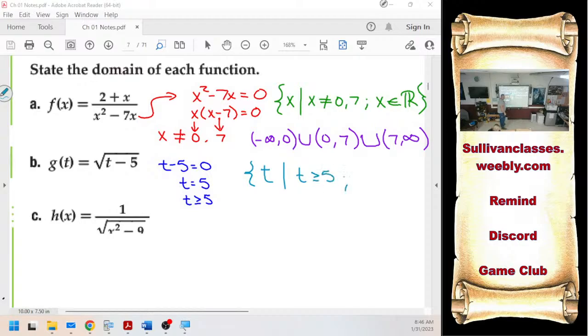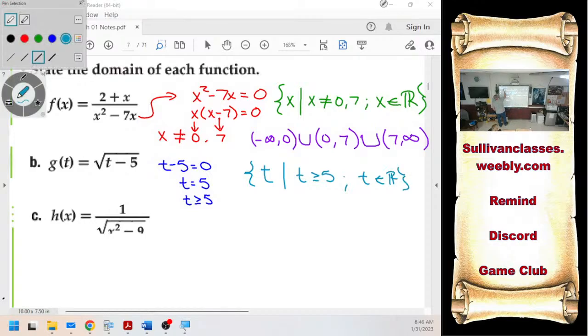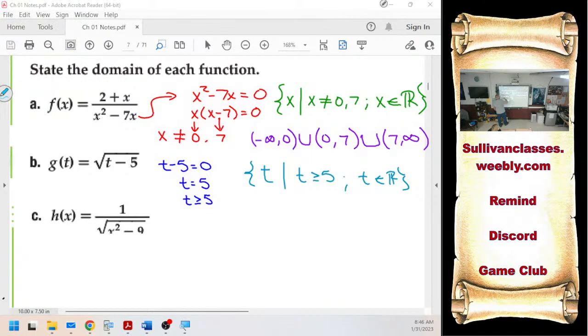What number set am I a part of? Real numbers, because I can pick 5.1. I can pick 3 pi. All of that stuff is greater than or equal to, so I will say t is an element of the reals.